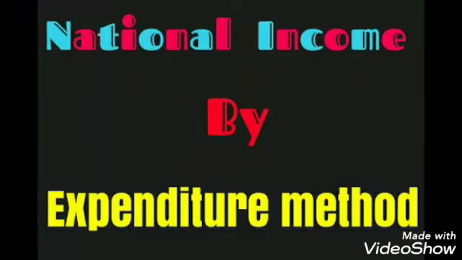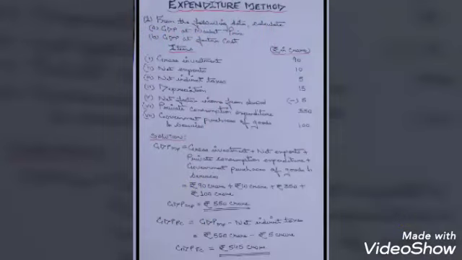So today in this video, let's do the numericals by the expenditure method. The data given is: from the following data, you need to calculate GDP at market price and GDP at factor cost.